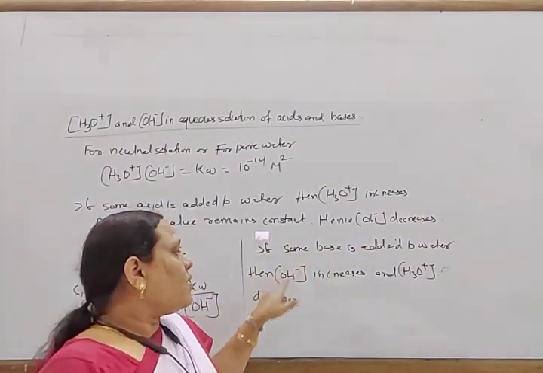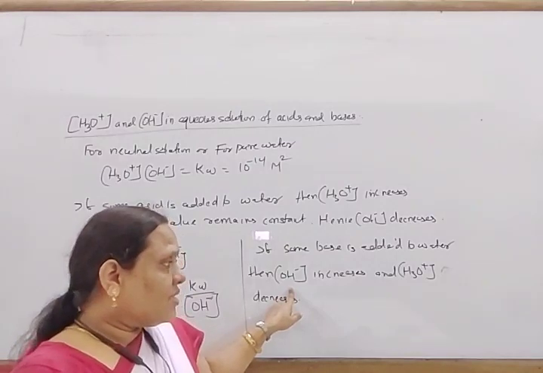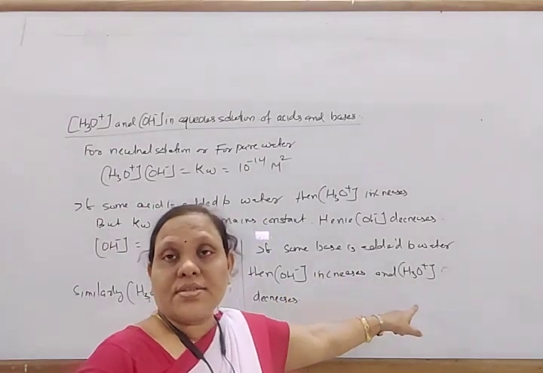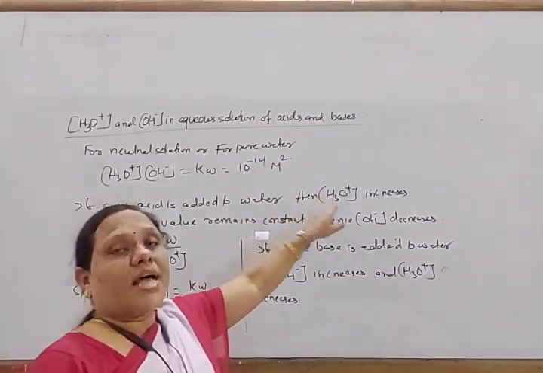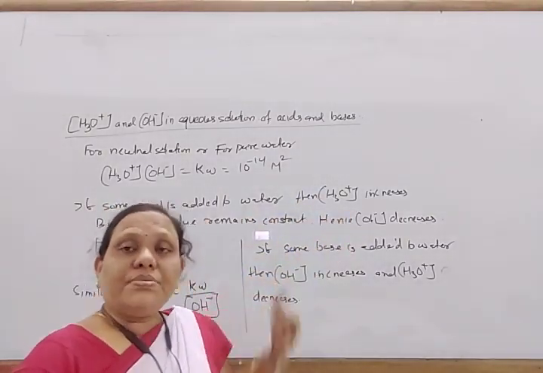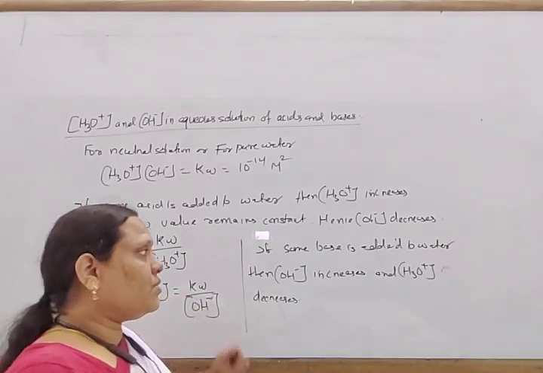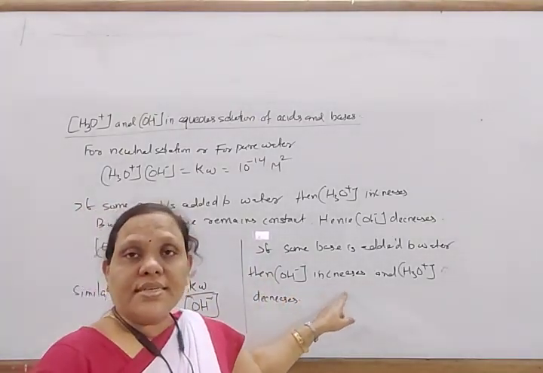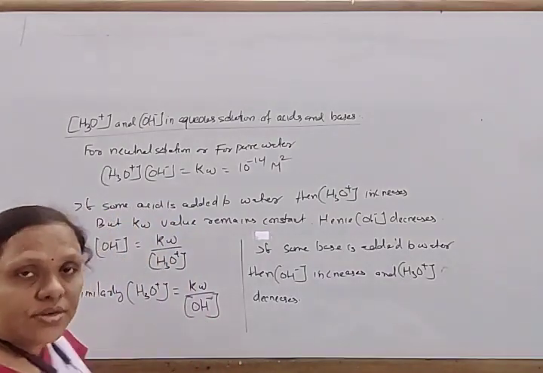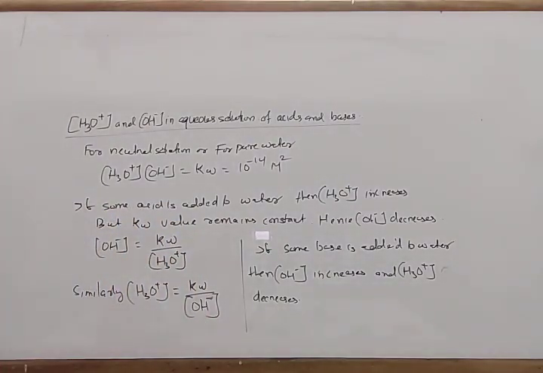Similarly, if the OH- ion concentration increases, then the H3O+ ion concentration decreases. So if some acid is added, the H3O+ ion concentration increases, and if some base is added to the solution or to water, then the OH- concentration increases and the H3O+ ion concentration decreases. So note down these points first.